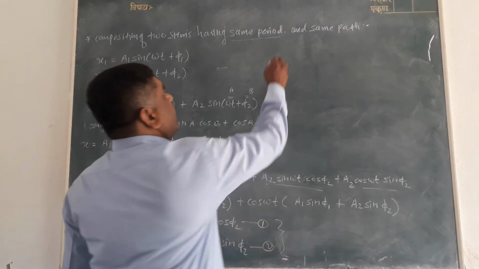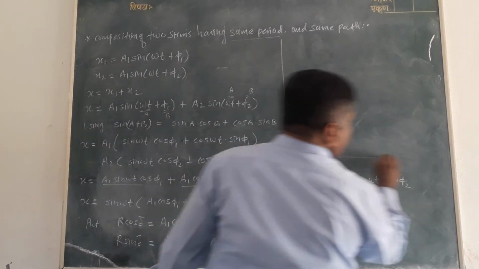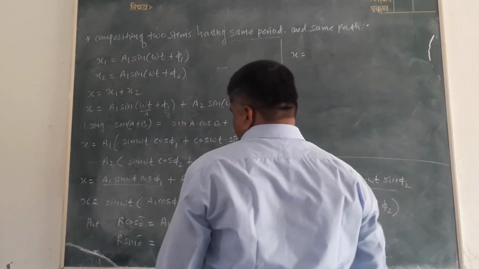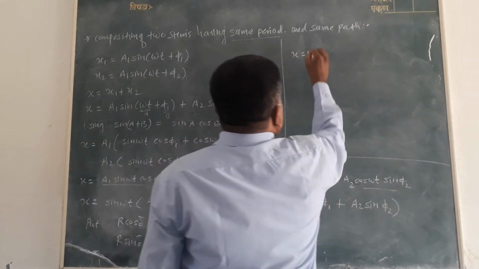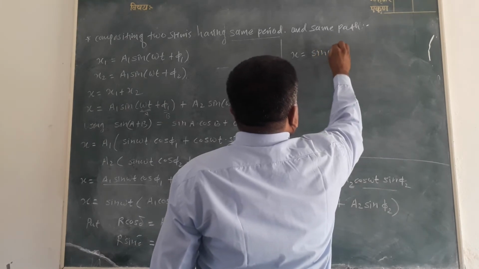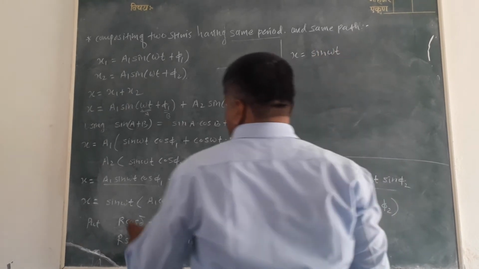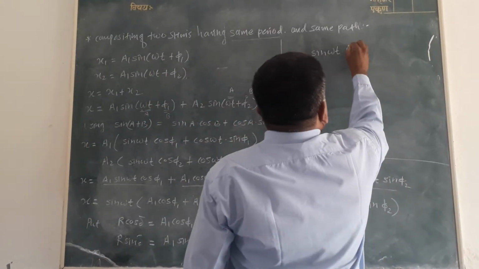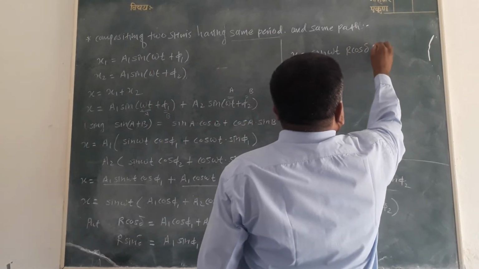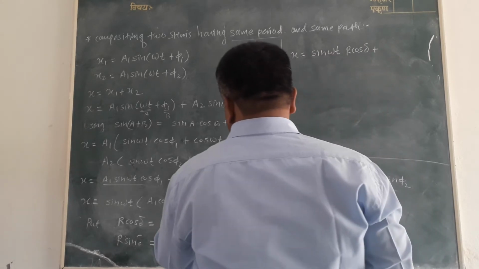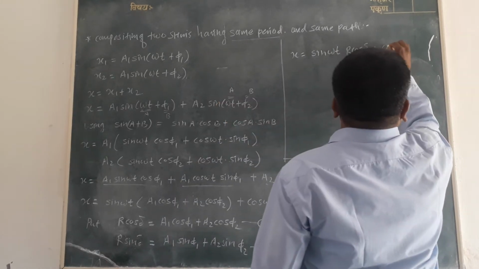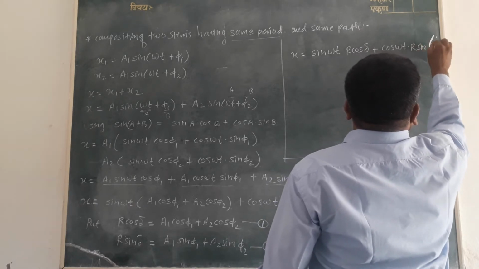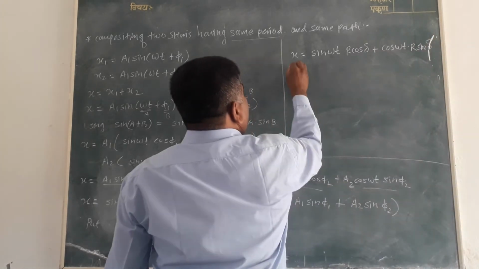Now we get x is equal to sin omega t into first bracket, that is r cos delta, plus cos omega t into r sin delta.